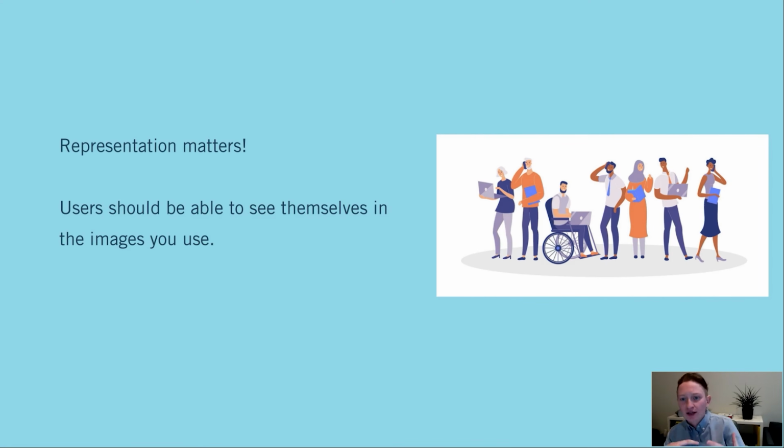They can recognize themselves depicted in those pictures and illustrations. They can feel seen, welcome, invited. And this is good because that will make users more likely to try your product, for example, or to stick with you, or to have just a more fulfilling experience of your product, of your brand.